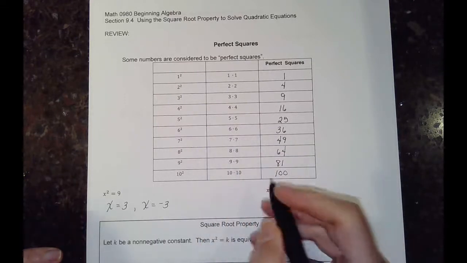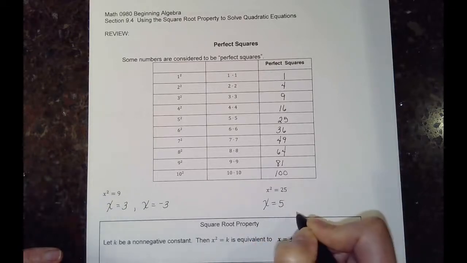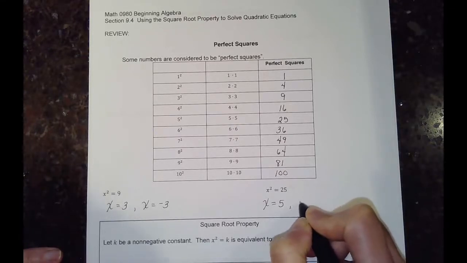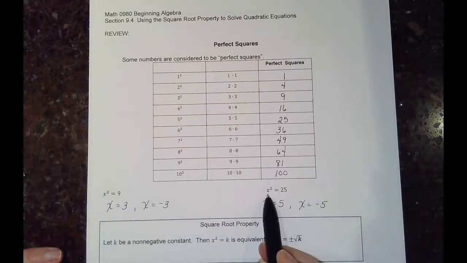So the number that we squared to give us 25 is 5. And don't forget that negative 5 times negative 5 also gives you 25. So there are 2 numbers that when we square them will give us 25.